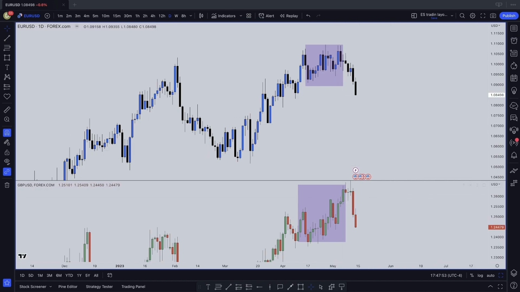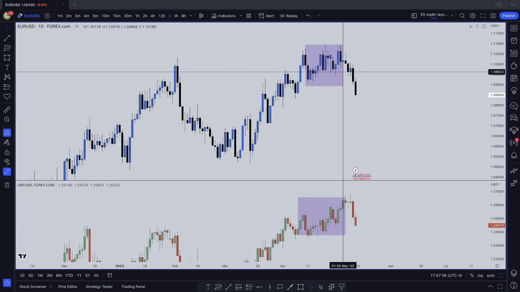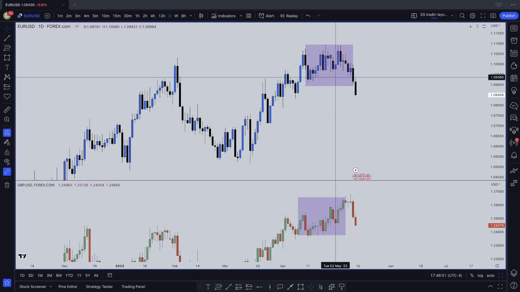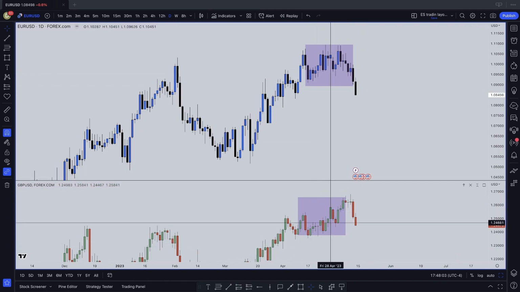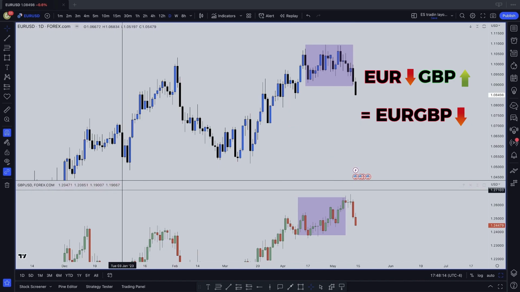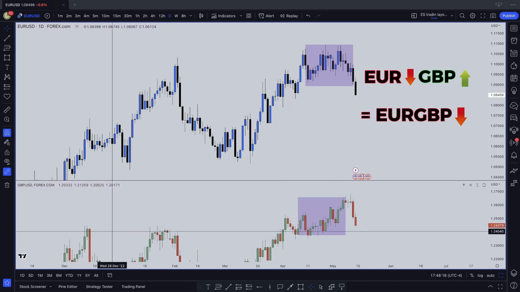So here in this case, we can clearly see that the euro was much weaker, unable to make higher highs while making newer lows, whereas we see here that the British pound was making higher highs and expanding on the upside. So if we're going to look at the euro pound, we're going to have a bearish bias. Reason being is because GBP is the second name in that pair and the euro is first.